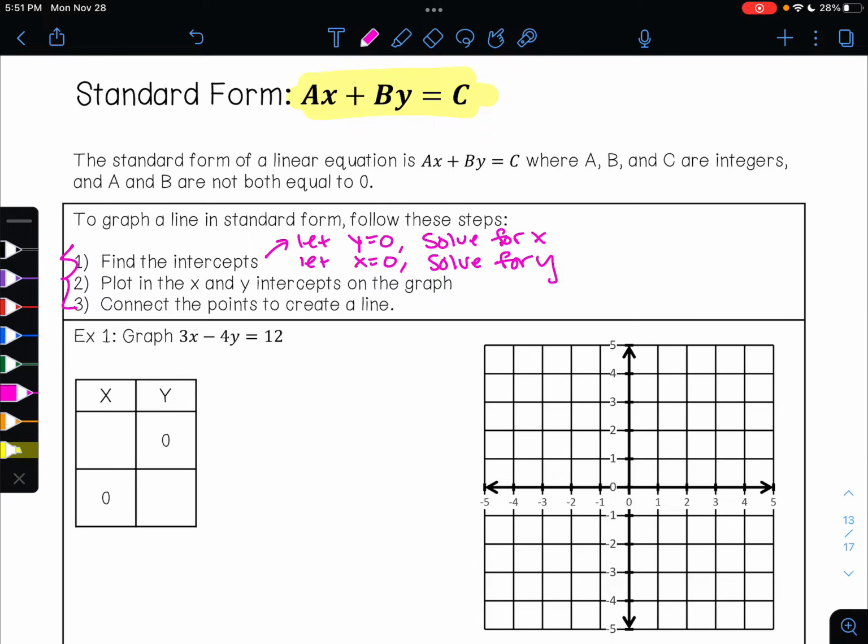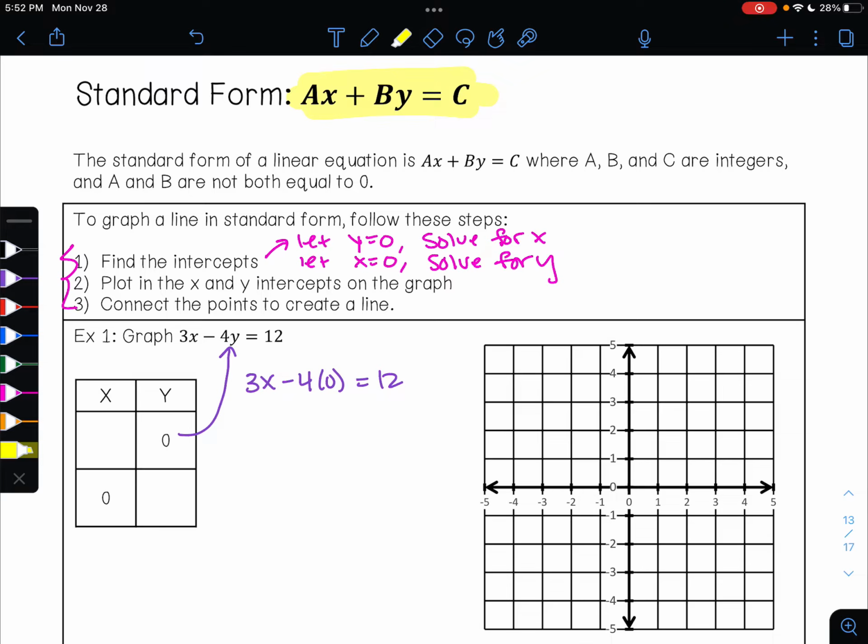On example 1, we have 3x minus 4y equals 12. This first one is saying let y be 0. So what we're going to do is plug in 0 for y in this equation. So we will have 3x minus 4 times 0 equals 12.